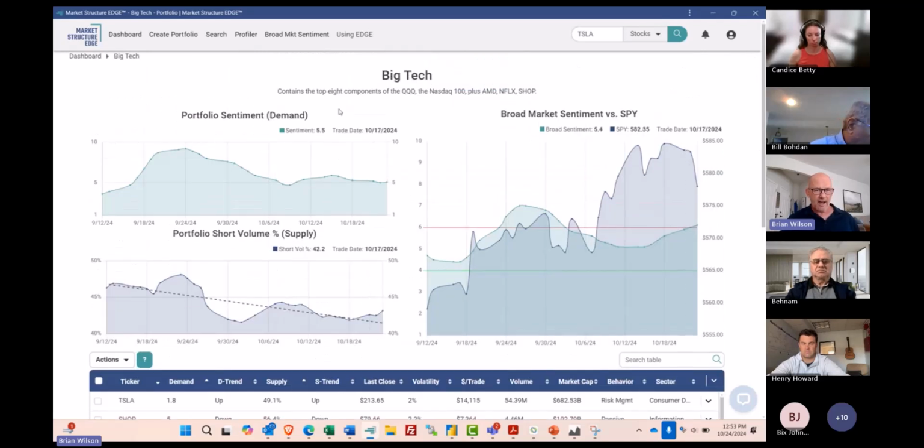And you see how that's playing out from demand and supply. Demand is actually bottoming. Well, it's one day, right? You can't make too much out of one day in the market, but we went from 5, we've ticked up to 5.1. That's encouraging. But on the flip side of that argument, short volume is also increasing.